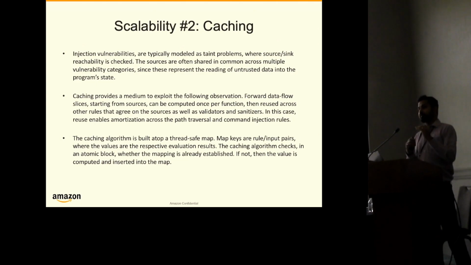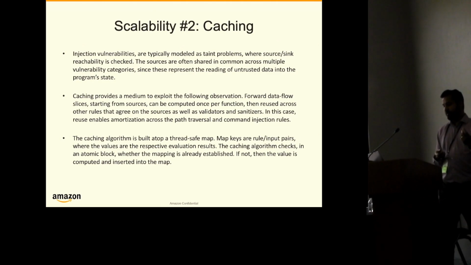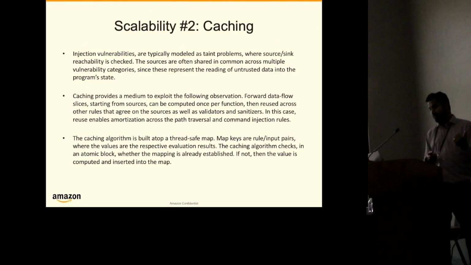But if these rules share the same sources, their sinks or sanitizers might be different, but if they share the same sources, they might be able to reuse some of the forward data flow slices that one rule computes and then share them across other rules. So this is essentially the idea of caching here, where injection vulnerabilities are typically modeled as taint problems, where source reachability is being checked.